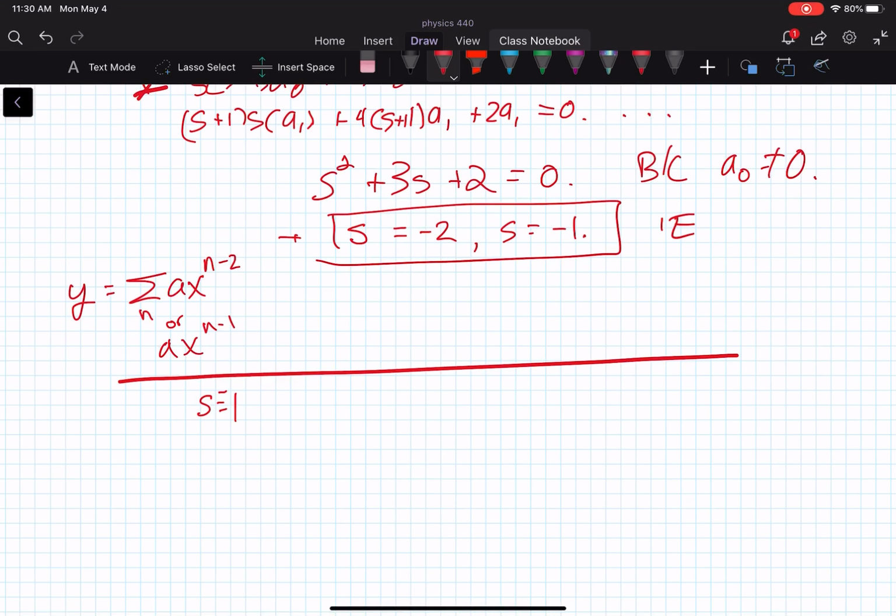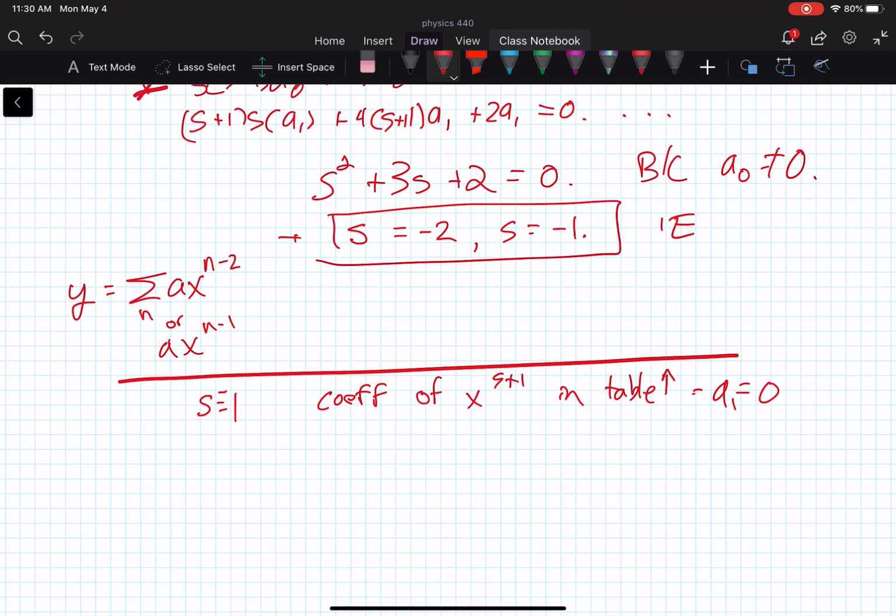So if we start with s equals minus 1, we know that the coefficient of x to the s plus 1 in our table above gives a1 equal to 0.